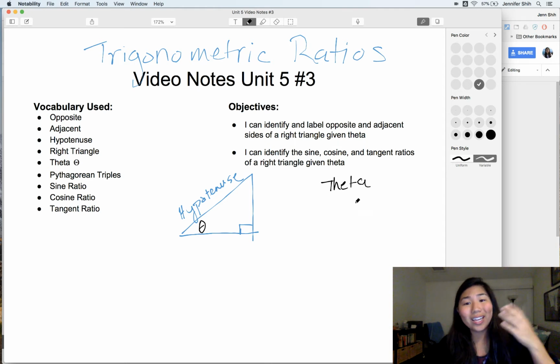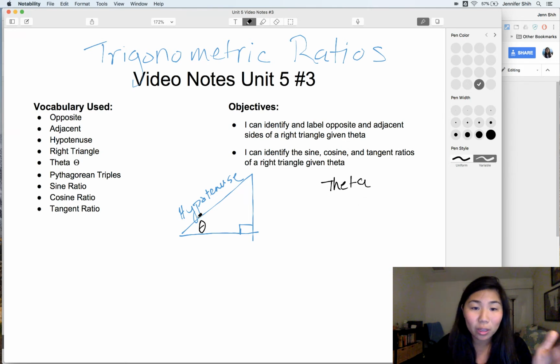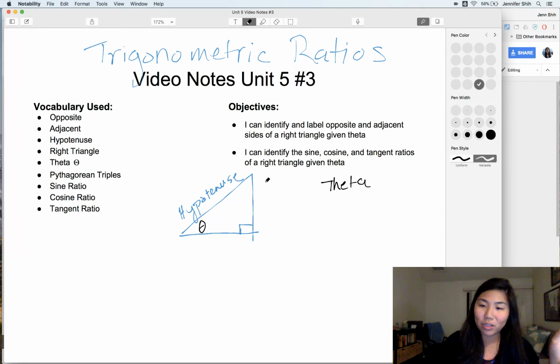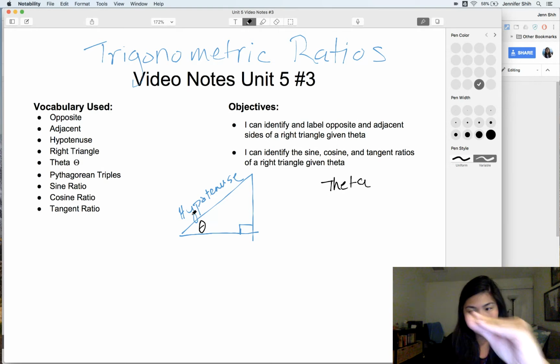And instead of using x as a variable, we're going to use theta to represent the angle here. In right triangles, I've only talked about this nice 90-degree angle, but I forgot to tell you that there's two other angles that we're going to pay attention to. So the name theta is just a placeholder, just a variable name. It doesn't represent a particular degree necessarily, just any degree that is this angle, the angle right there.